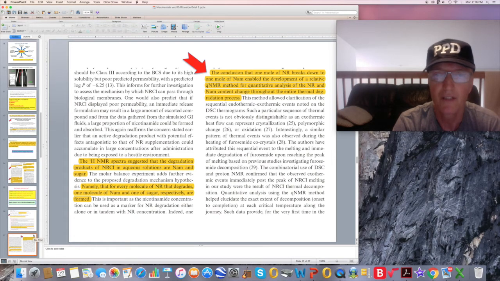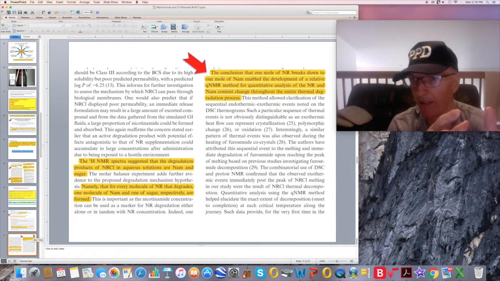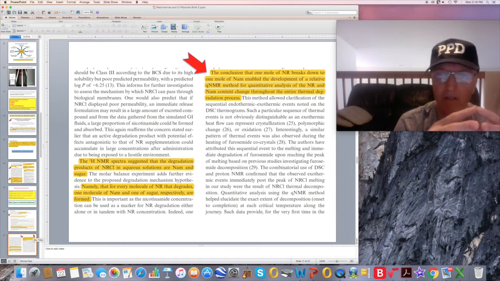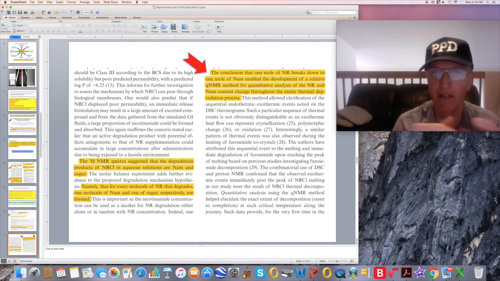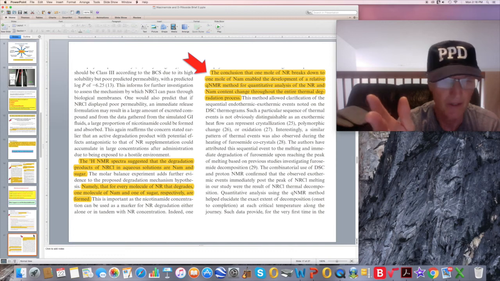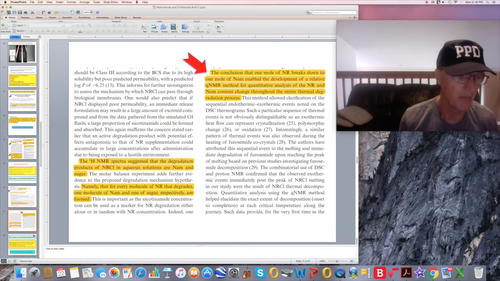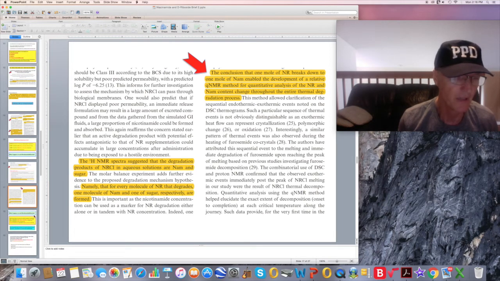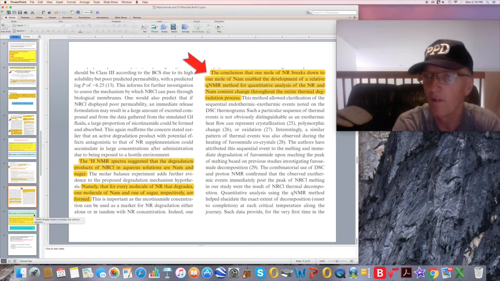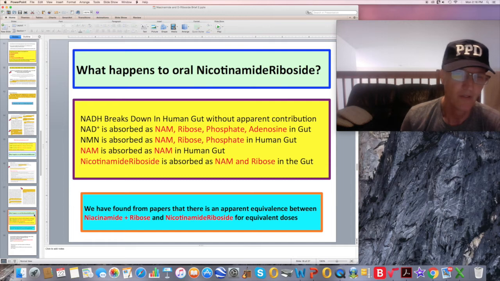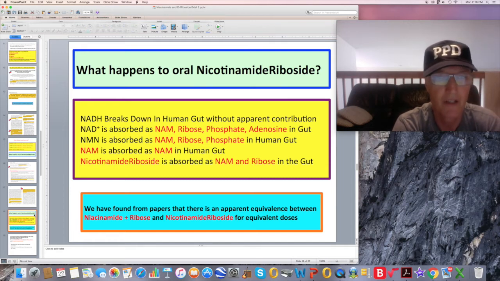Let's continue and see what the final conclusions are. The conclusion is that 1 mole, which is a quantity, Avogadro's number, of NR breaks down to 1 mole of niacinamide and so on. So that tells us what the breakdown products in the human digestive system are for nicotinamide riboside, and whether you need to inject it or not to get the benefits. Let's again tie in for another summary.